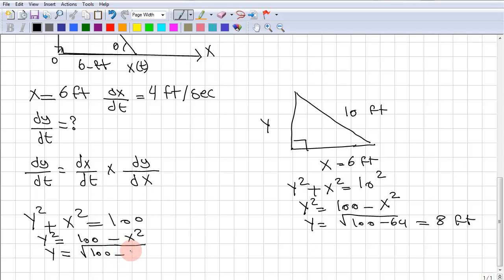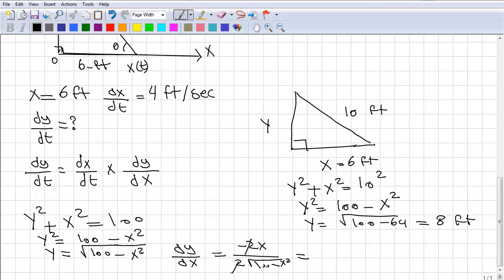So y is equal to the square root of 100 minus x squared. So the derivative of y over the derivative of x is equal to negative 2x over 2 root 100 minus x squared.